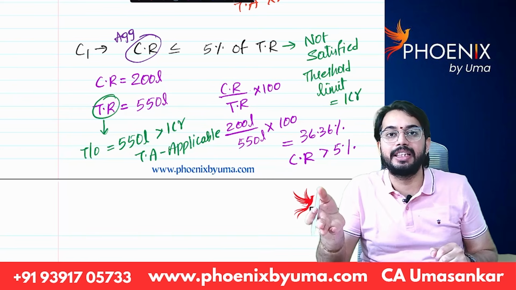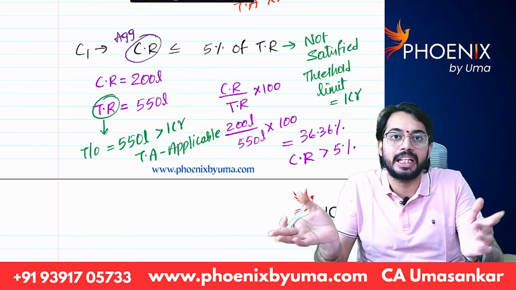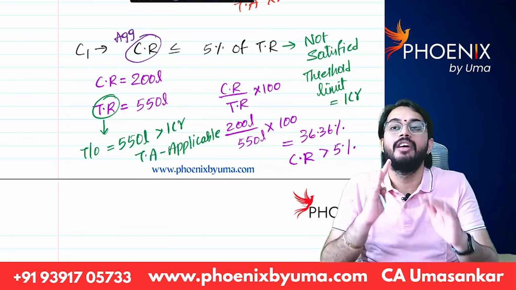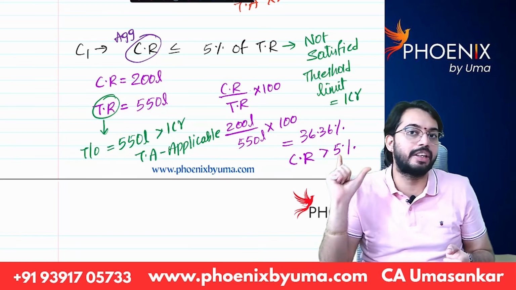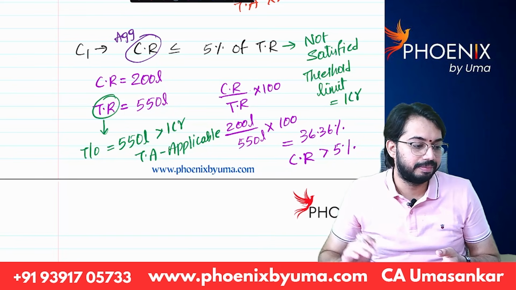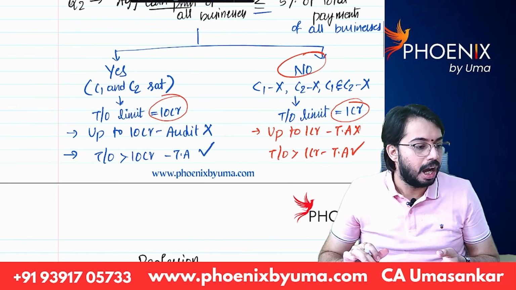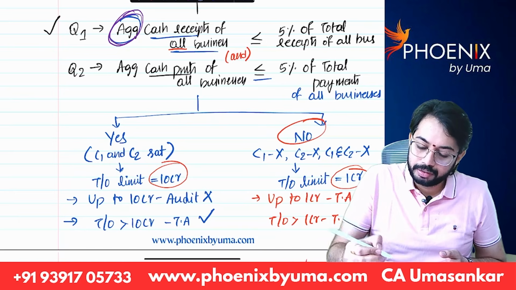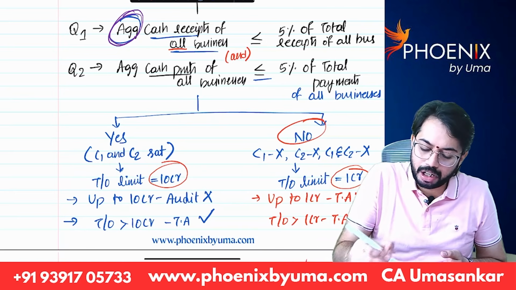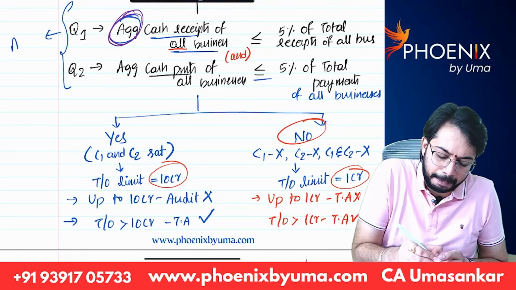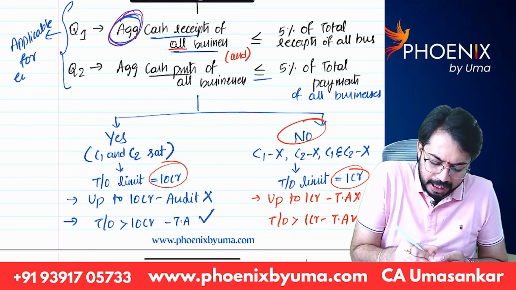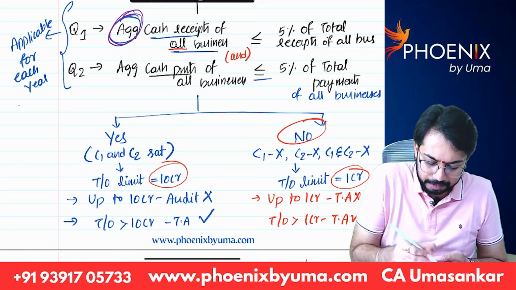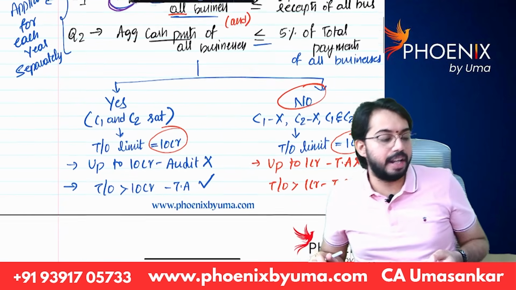For 25-26, criteria not satisfied, 1 crore threshold limit is applicable. For every year independently, you have to check the criteria. Okay. I hope you understood, Hari. This is applicable year on year, for each year separately. I hope you got clarity now.